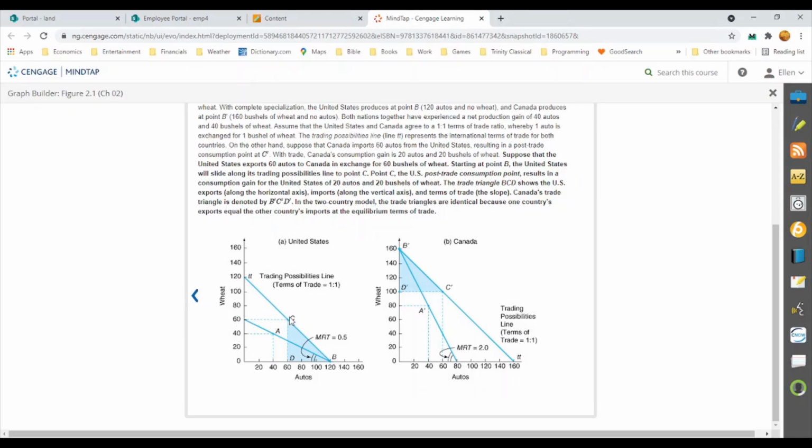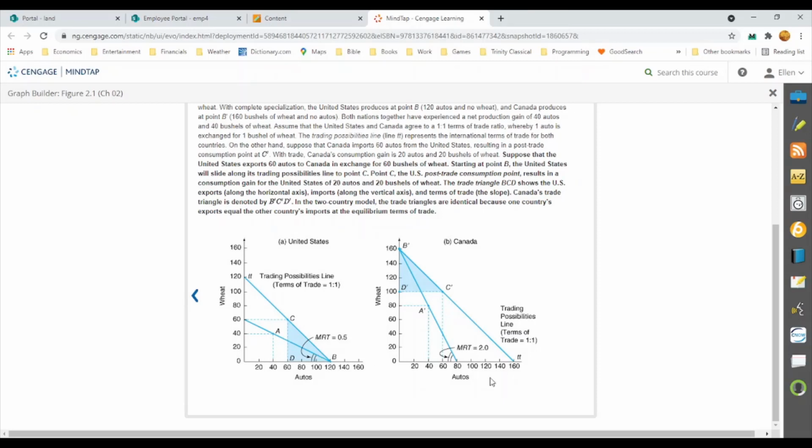So our final consumption point is 60 wheat, 60 automobiles, which you can clearly see is better than the original of 40 and 40. And so that's the power of specialization and trade, which allows us to expand or get to a point like C, which is not one we can do just by our ability to produce.